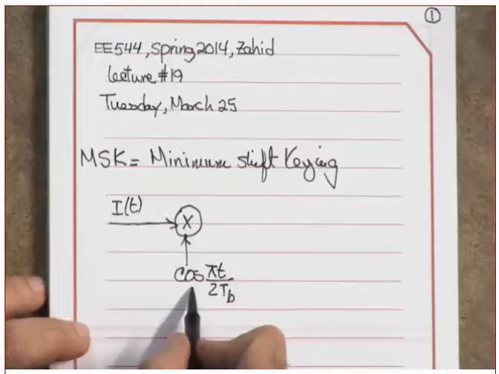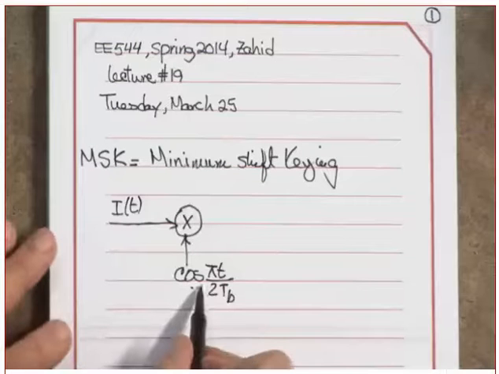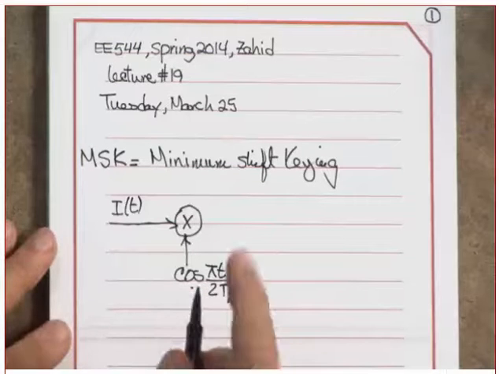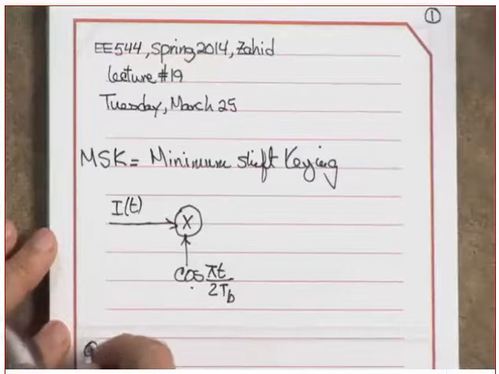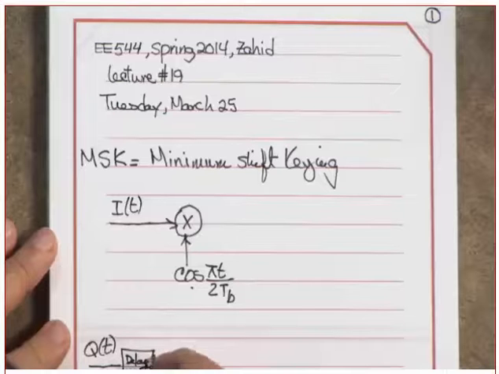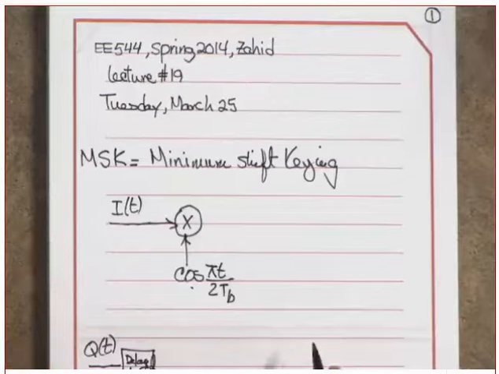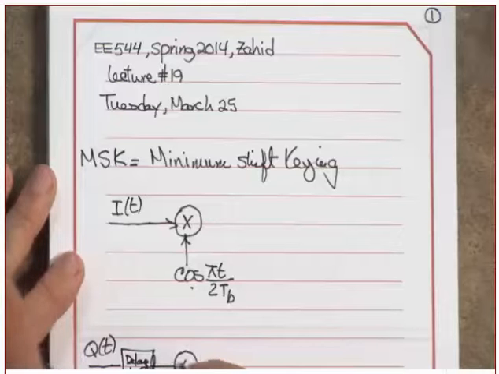This is not the carrier signal. Did you understand what I just said? This is a shaping signal, a cosine. You follow me or not? And this is the Q of t. Of course, it's still delayed by TB, just like the staggered QPSK. But this one is multiplied by a sine.